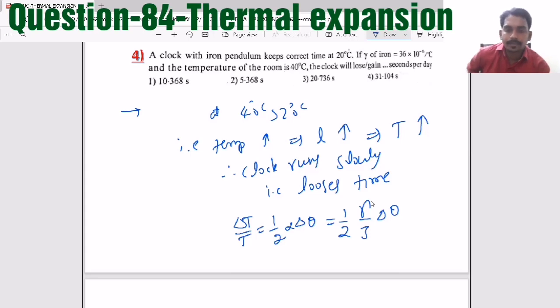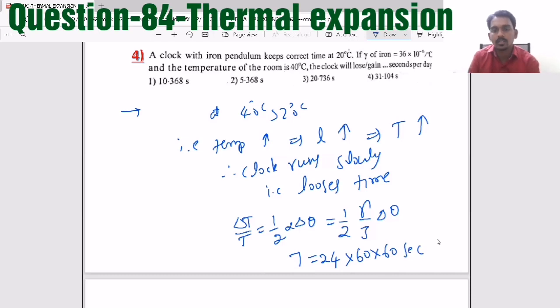But they are asking per day. So per day means T equal to 24 hours, 24 hours into 60 minutes into 60 seconds. If you substitute that value, then you will get the delta T value, because they are asking loss or gain, delta T only.